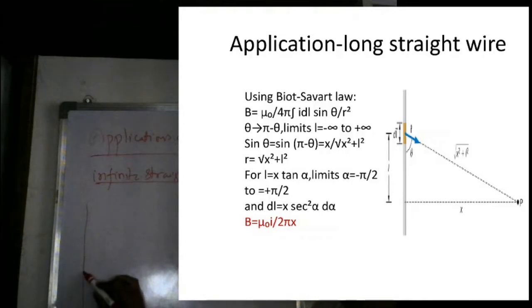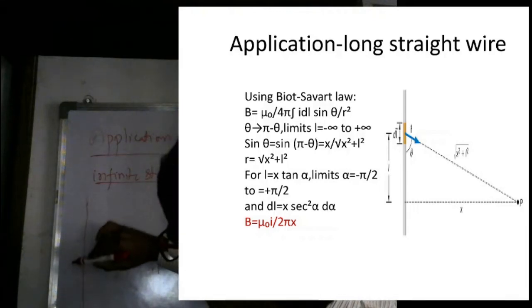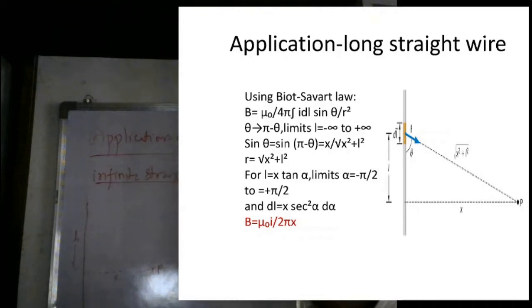Here, you consider one point located at the distance x. This is the point where you want to find the magnetic induction. Why are we applying Biot-Savart law for this infinite straight conductor? To know the induced magnetic field. Say this is L, the length parameter.